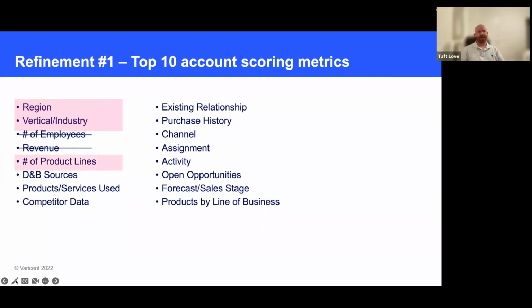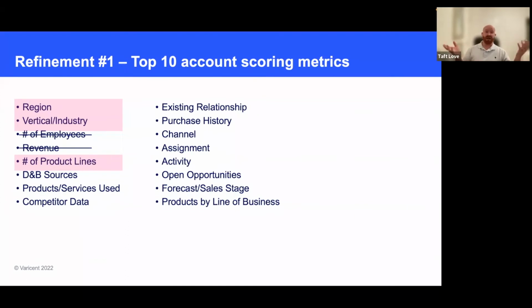Yeah, so this one is interesting. There are two ways to think about this. One is, and this is one I've never used personally, but I sort of liked it as a data point. It could be number of product lines they're buying from us, which if they're already a customer, tells us that we're modeling for their potential to expand.